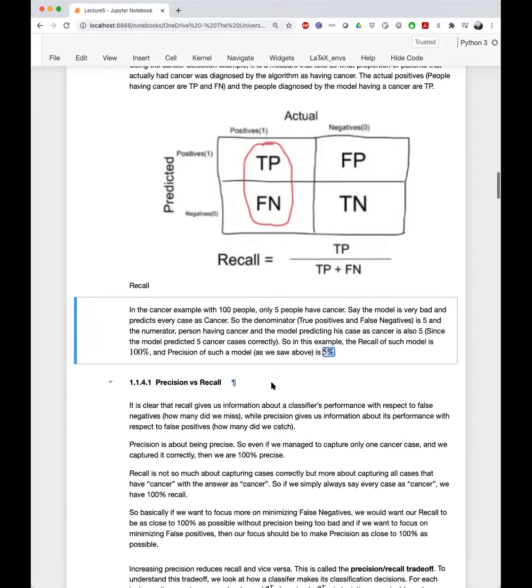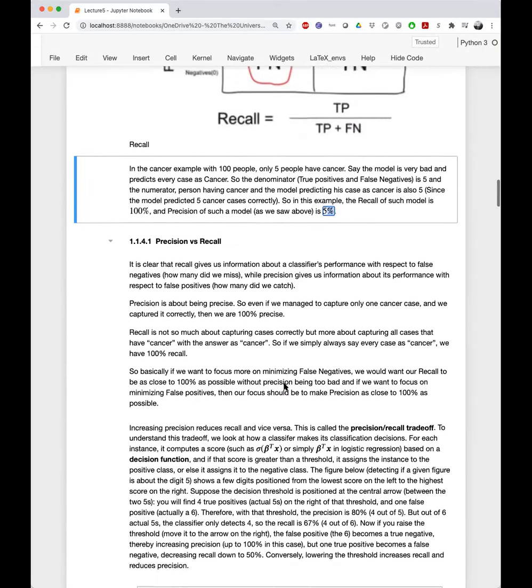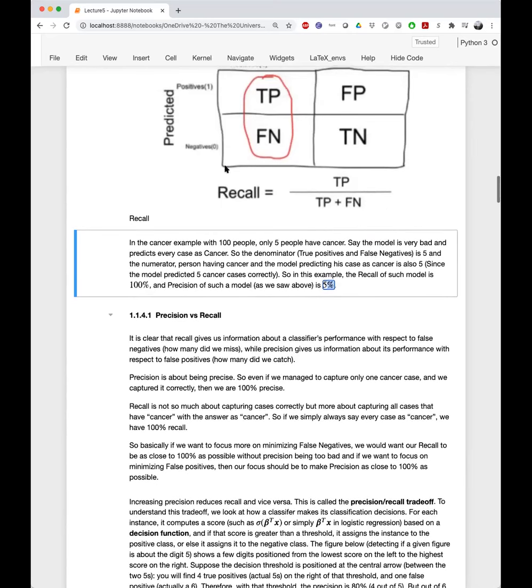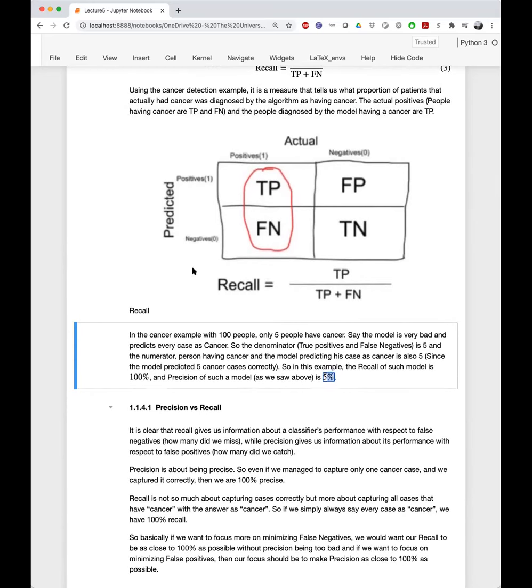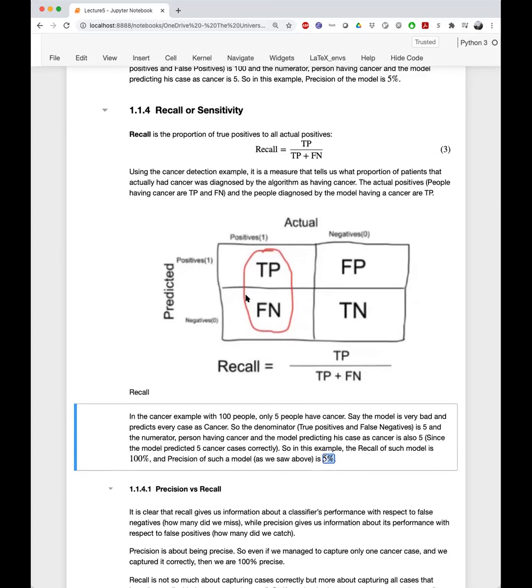But what we should pay attention to is that in the process of increasing or maximizing recall, we still need to take care of precision. For example, for the cancer detection problem, we want a model that has recall as large as possible, but we still need to pay attention to the precision.